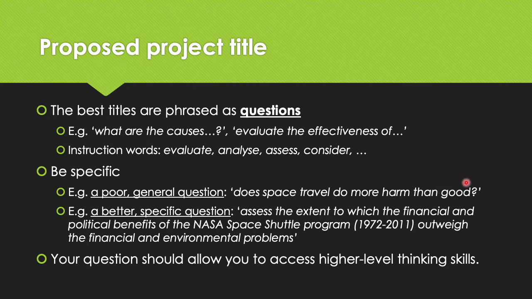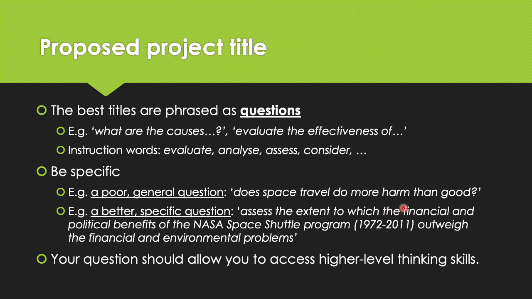In what context? So a much better specific question would be to assess the extent to which the financial and political benefits of the NASA Space Shuttle program from 1972 to 2011 outweigh the financial and environmental problems. So you're very quickly outlining the scope of your project.